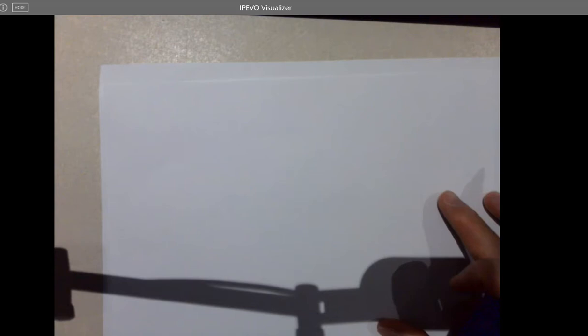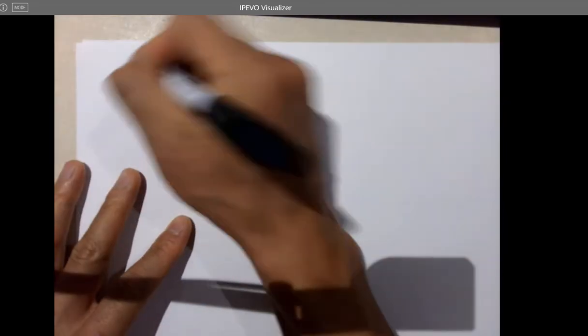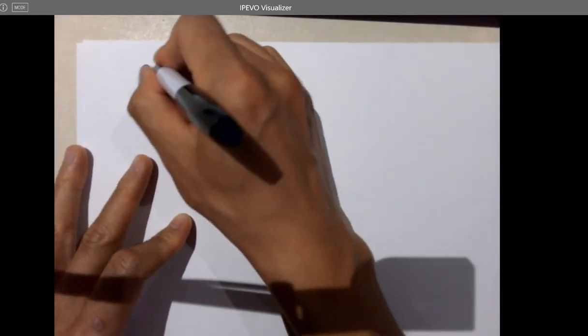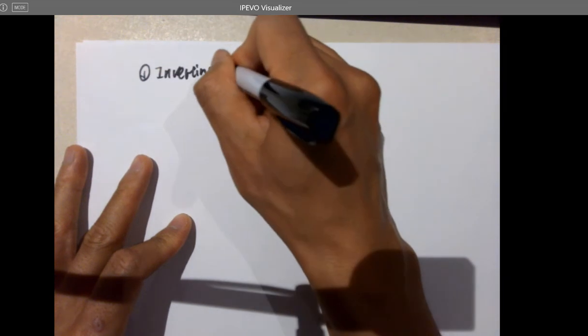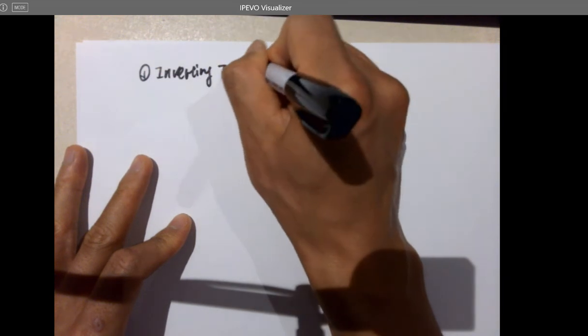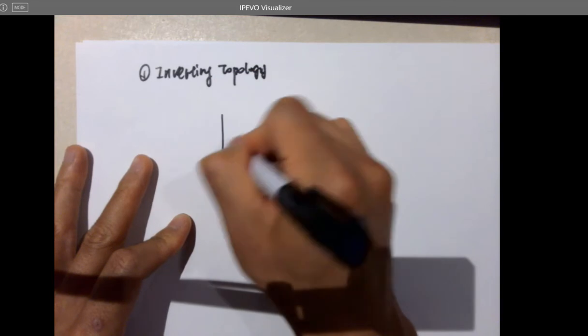And for closed loop configuration, first, inverting topology. So it looks like this.